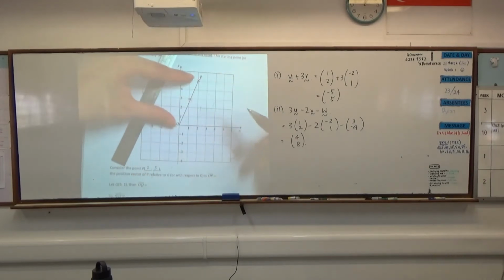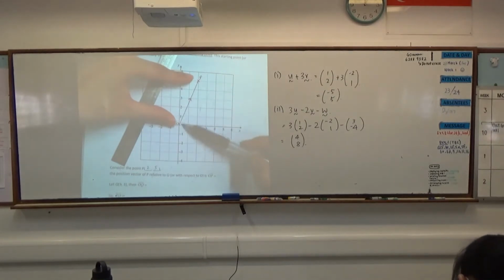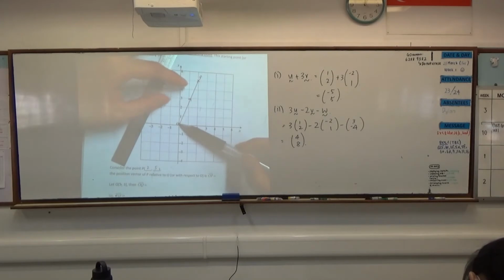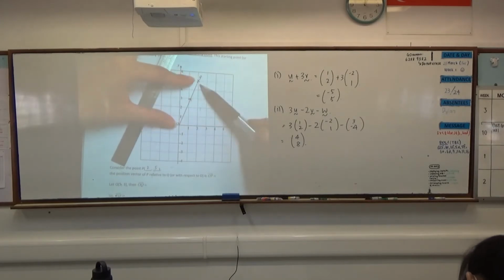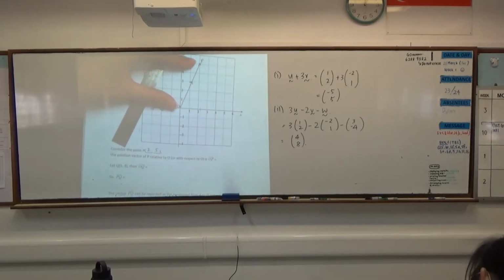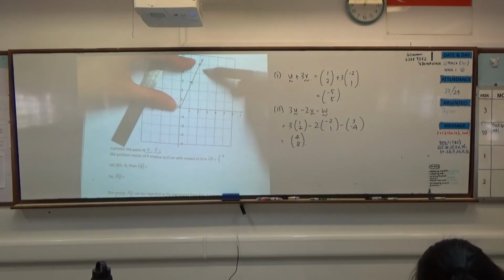So this is the position vector for the point P relative to O, and we describe it as OP. And that will be 2 units to the right, which is our X component, and then 5 units upwards, which is our Y component.